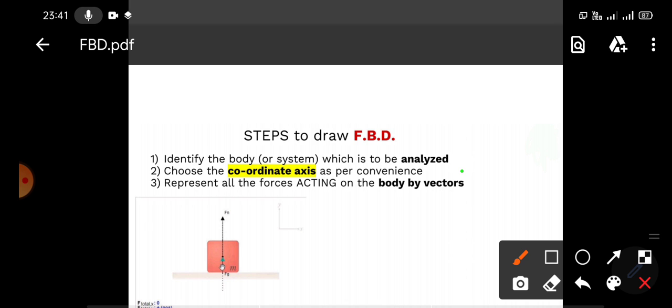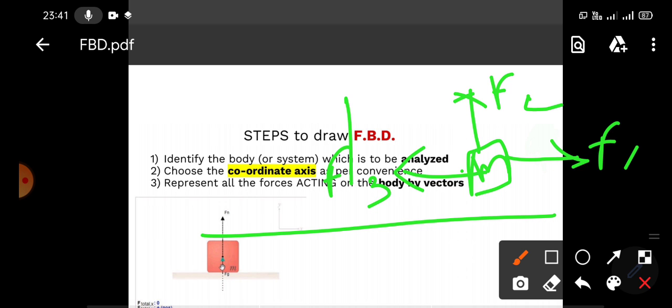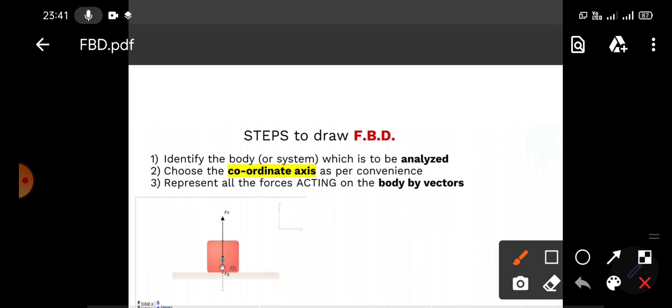Suppose you have a body of mass m on which three forces are acting: force 1, force 2 and force 3. We'll take the coordinate axis the normal way, x axis and y axis, and then all the forces will lie on the axis.